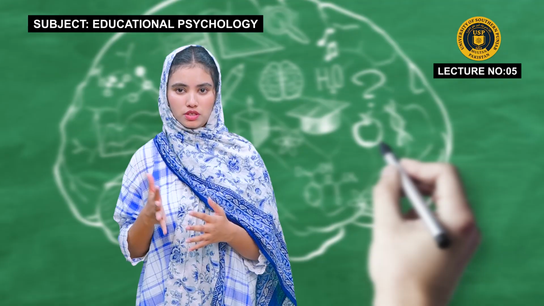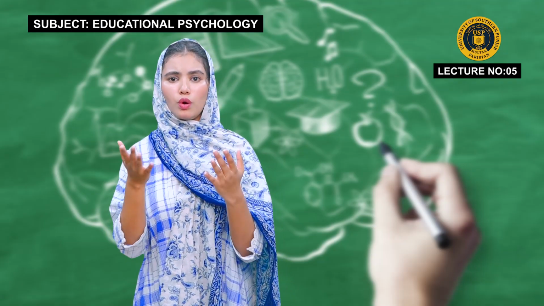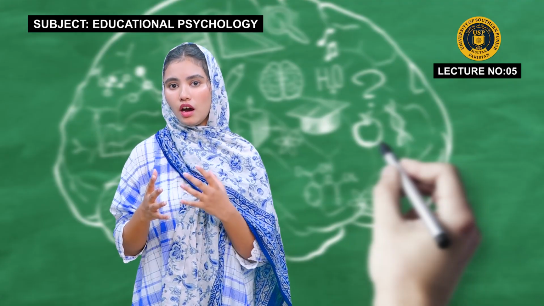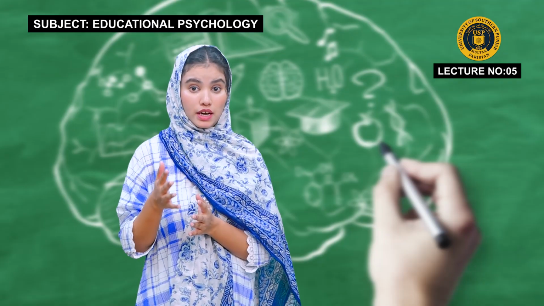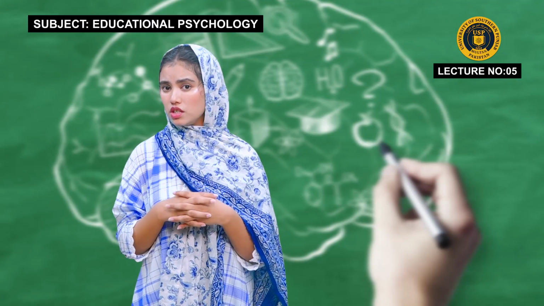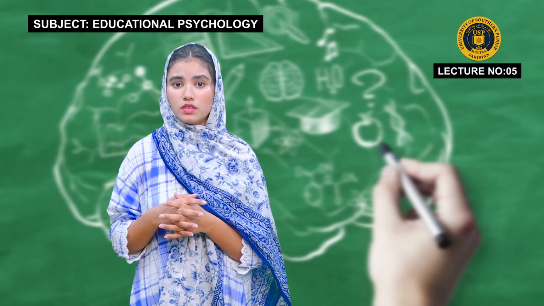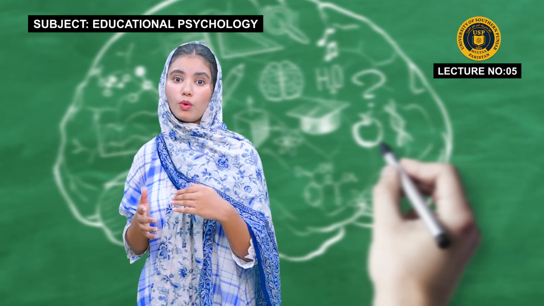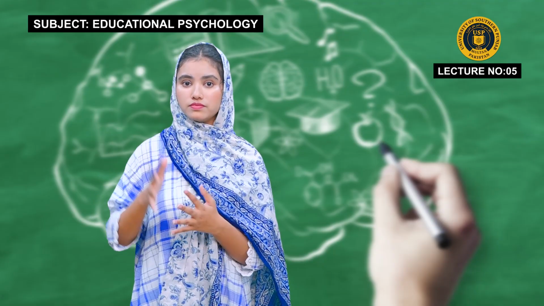In today's section, we explored some essential perspectives on cognitive development that help us better understand how students think and learn. We began with Piaget's stages of development, which highlighted how children's thinking evolves from hands-on, concrete understanding in early years to more abstract logical reasoning as they grow older.